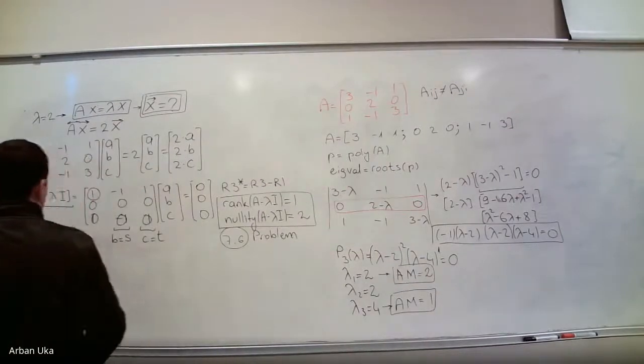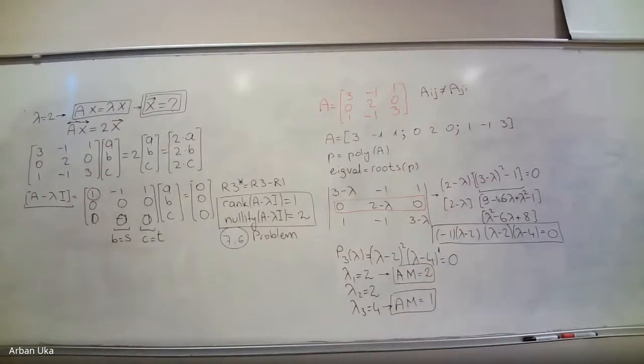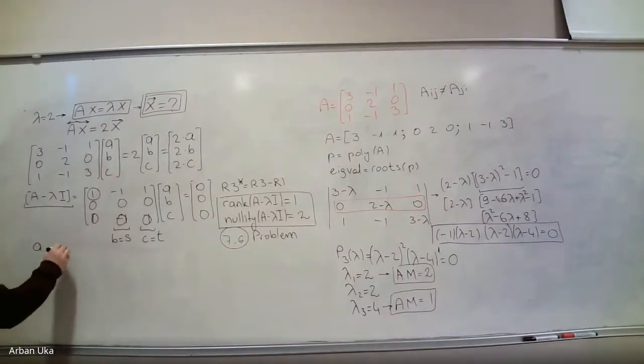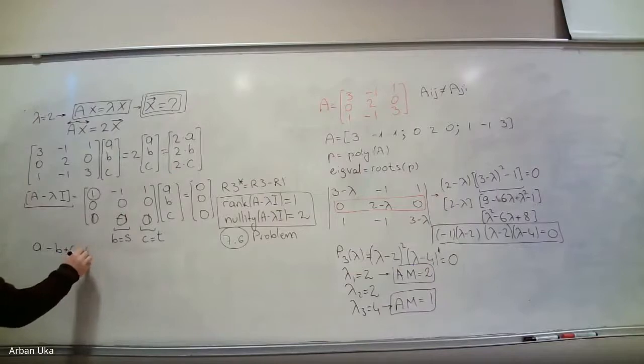Now let's come back here. Regarding the expressions that we have here on the board, for the unknown vector we have A minus B plus C equal to 0.